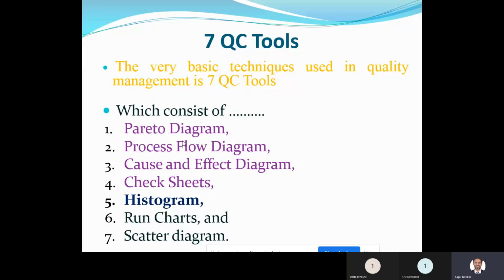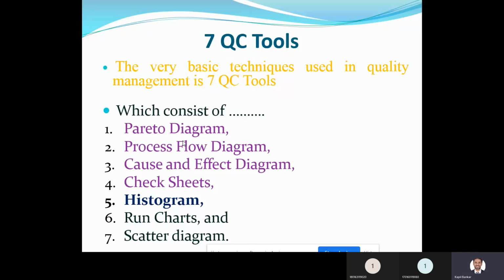Cause and effect diagram is also known as the Ishikawa diagram, because Dr. Kaoru Ishikawa invented this diagram, and the diagram looks like a fishbone. That's why it is also known as the fishbone diagram.